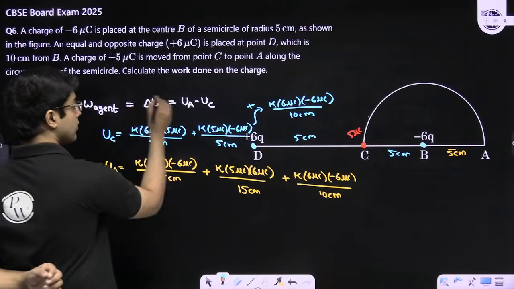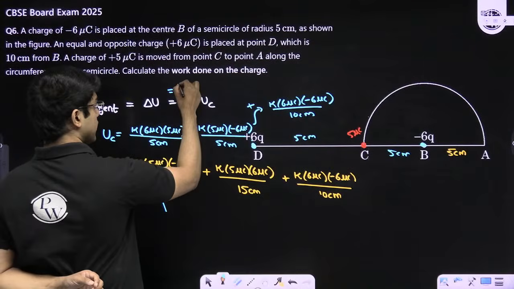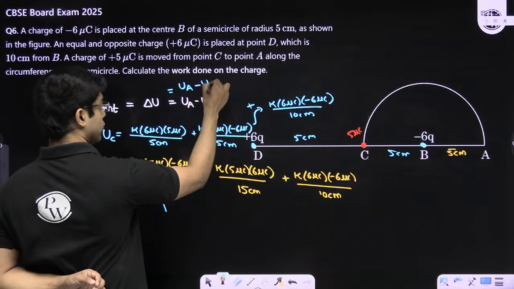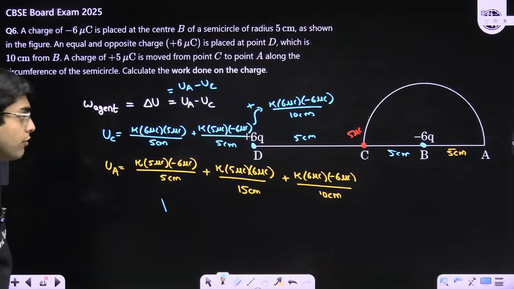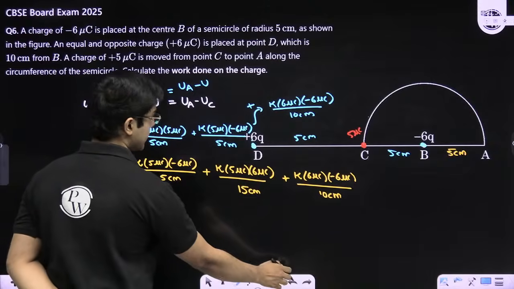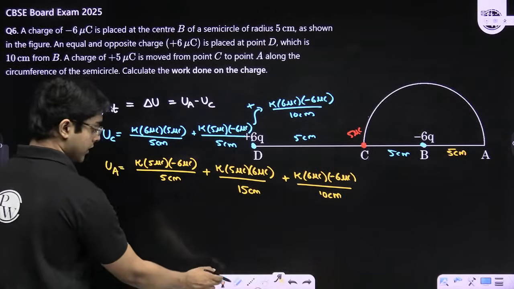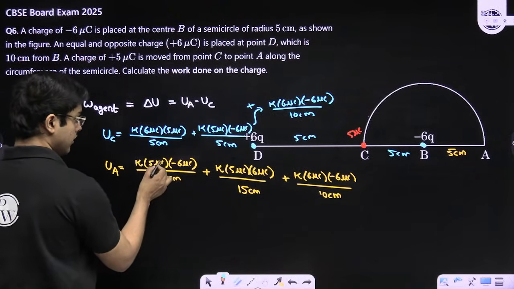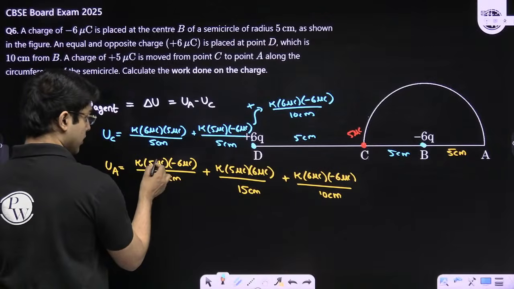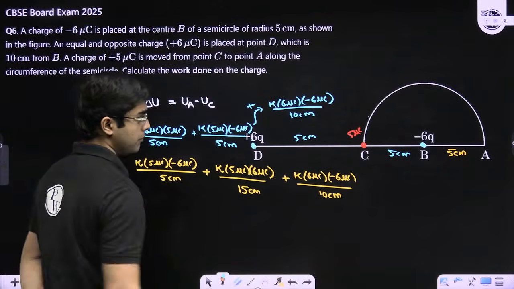Now if you need the work done, all you have to do is find these values and do UA minus UC, U final minus U initial. That will give you the work done by the external agent. When you substitute, K is 9 into 10 raised to 9, microcoulomb you convert into coulombs, and centimeter into meters.